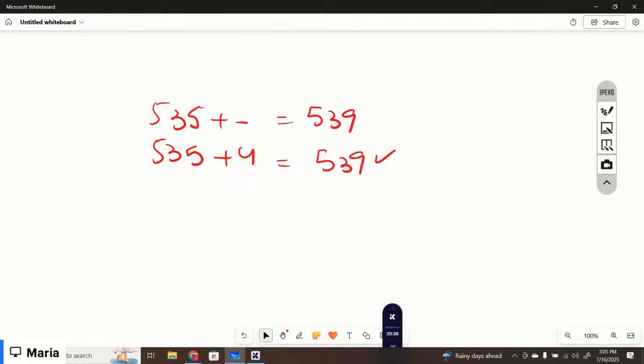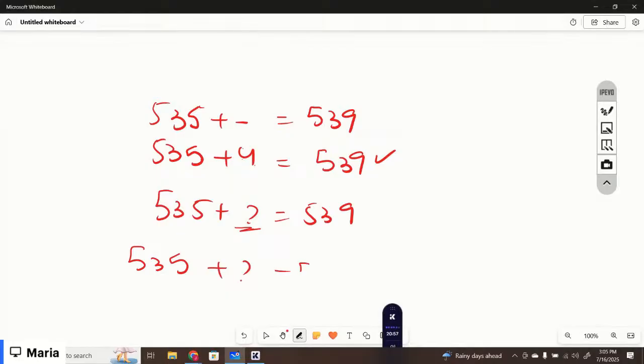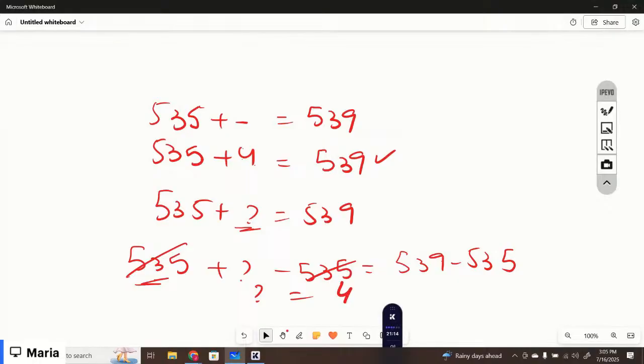So basically, we can solve these questions in two ways. One of them is you can try the given options one by one. The other one is we have 535 plus the missing number equals 539, and we need to find that missing number. So subtract 535 from both sides because we need to remove that 535 from it. 535 minus 535 is 0, and 539 minus 535 is 4. The missing number is 4.